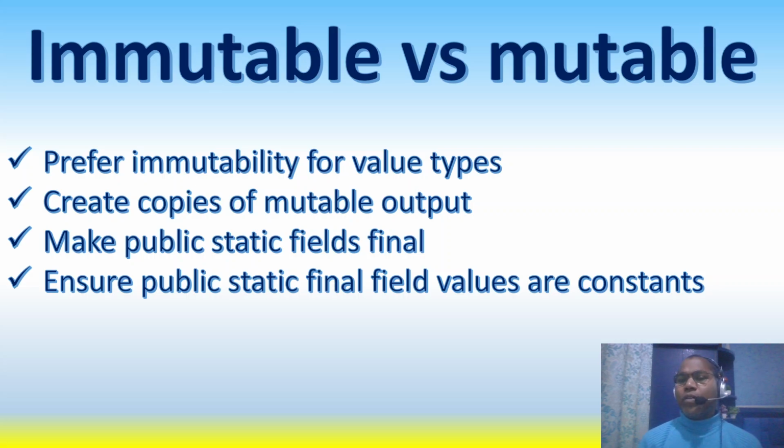Because sometimes we need mutability, and sometimes we don't. If immutability is a very good option, why did Java designers not make everything immutable? Because Java is an object-oriented programming language plus a functional style programming language, kind of hybrid. Java supports both things.